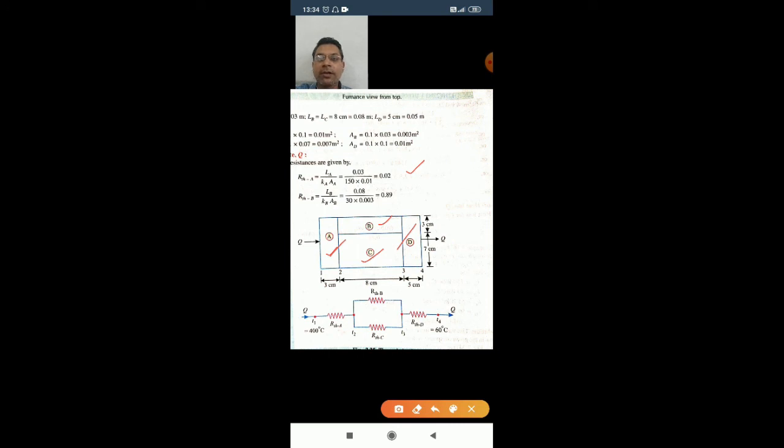Therefore heat flux is not written here. Then the thermal resistance of B will be, as you can see, length of B over KB into area of surface B. In the same fashion C and D thermal resistances are also determined.